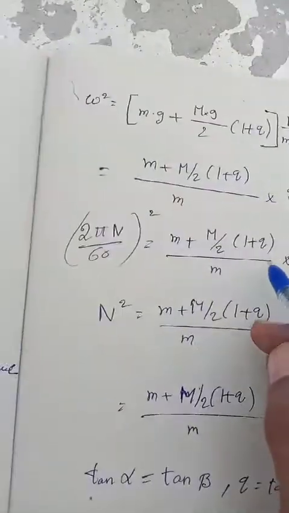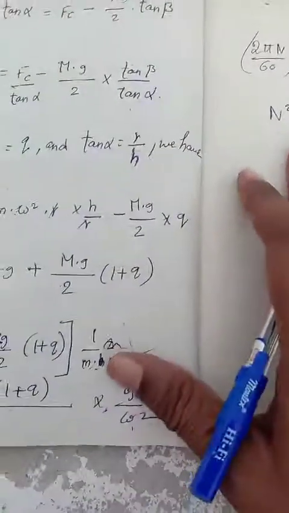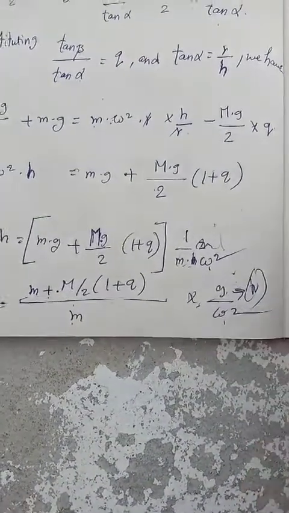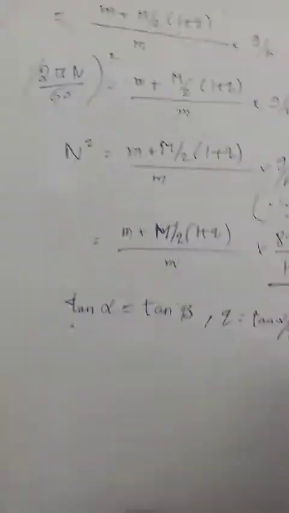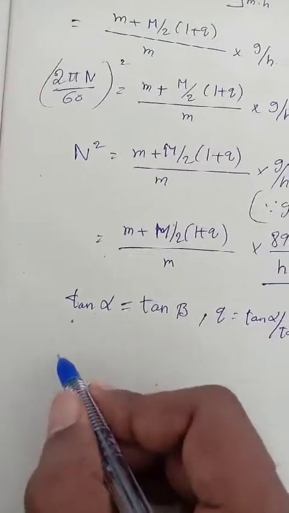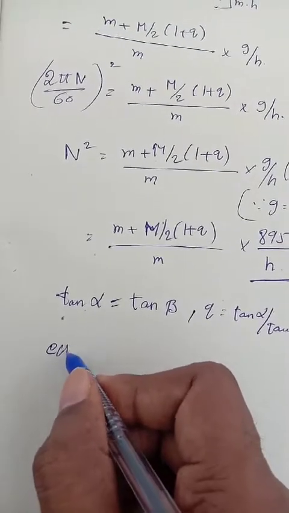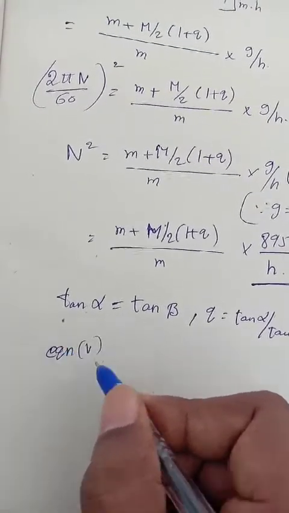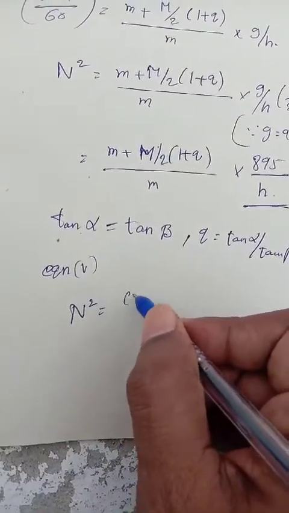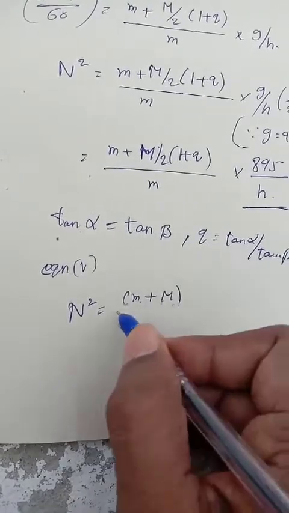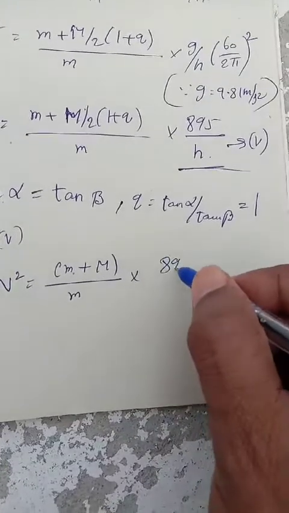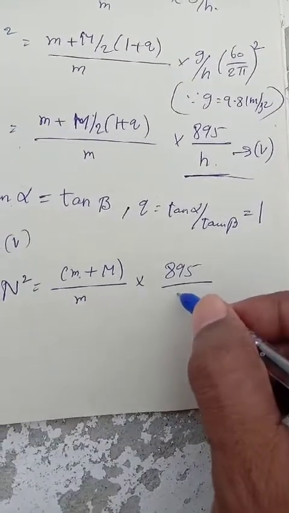Okay, so therefore equation 5, this is called equation number 5. And now here h, where is h? We find h value, this is equation number 4. Now here we see the equation number 5 becomes n square is equal to m plus m divided by m, that is into 895 divided by h.